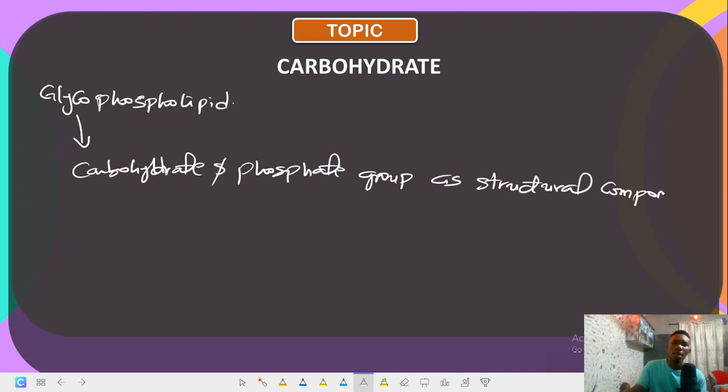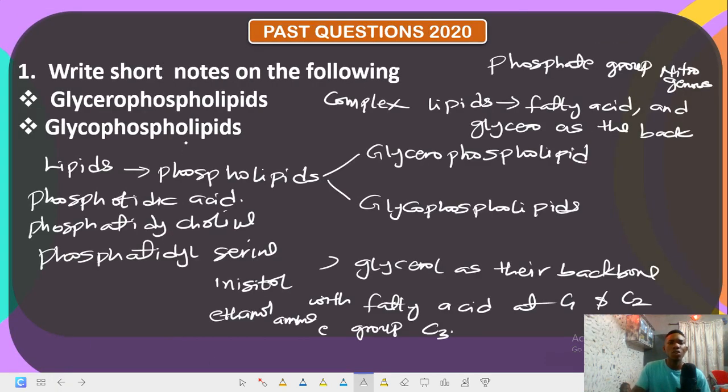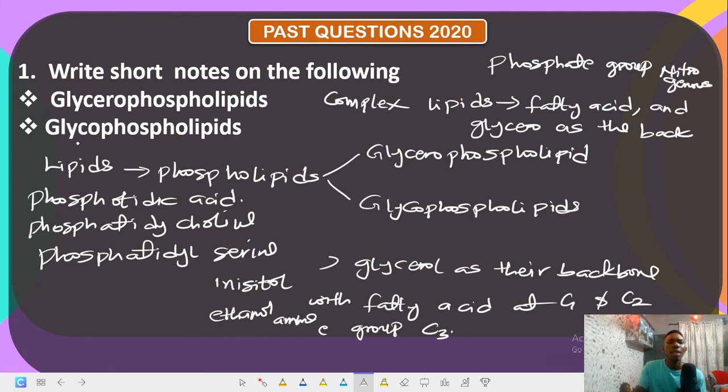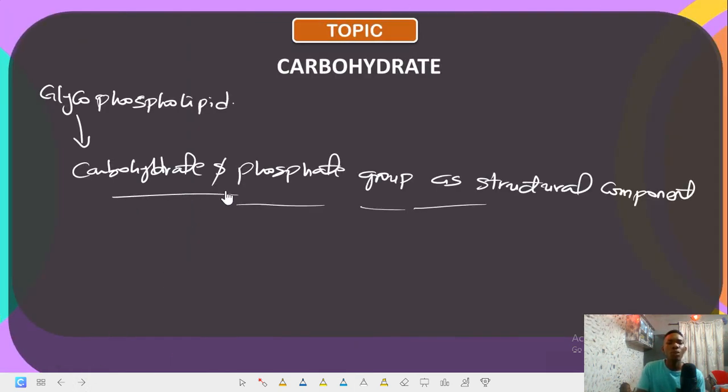That is what the glycophospholipids are. So that's the discussion you want to write. When you are writing, there are not really much details about this glycophospholipid, so you write much on glycerophospholipid in order to compensate for glycophospholipid. They have carbohydrate and phosphate group as structural components. They are called glycophospholipids. Or glycolipid.